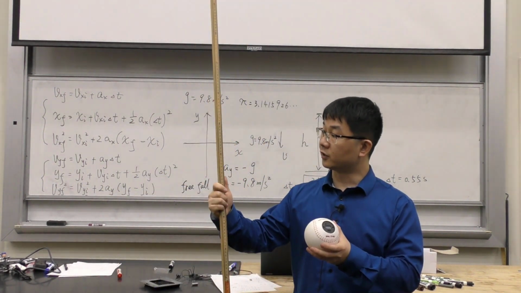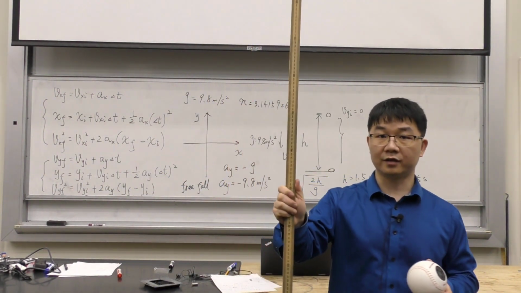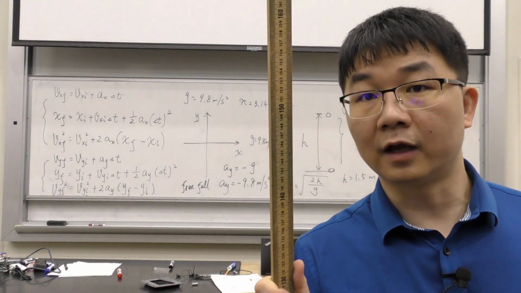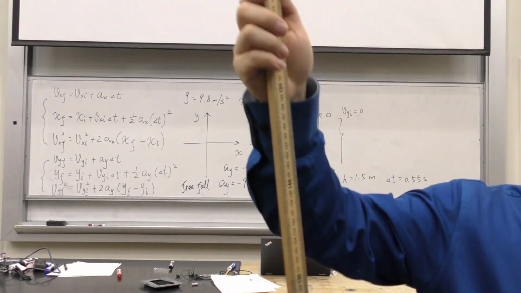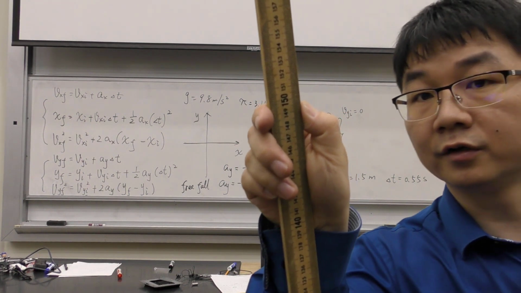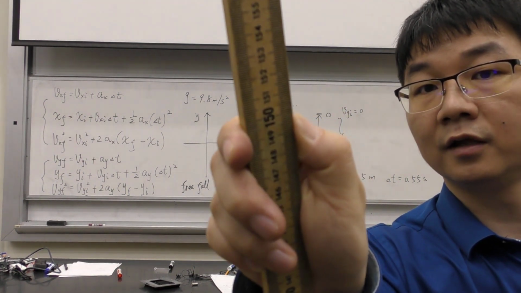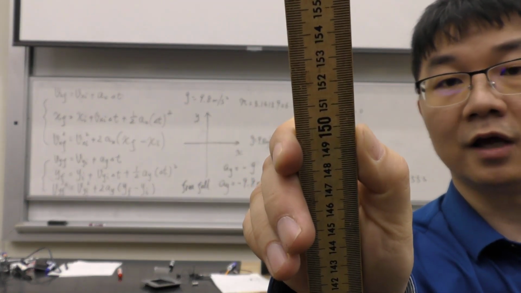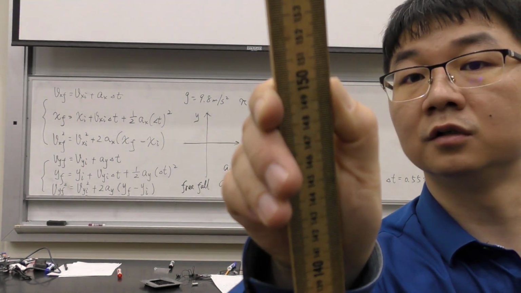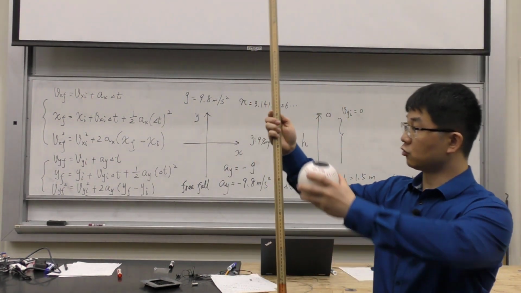I don't know if you can see that I have a 2-meter stick here, and this 150 marker is here. Can you see this? Yeah, this is the 150 marker. I'm just going to drop this.